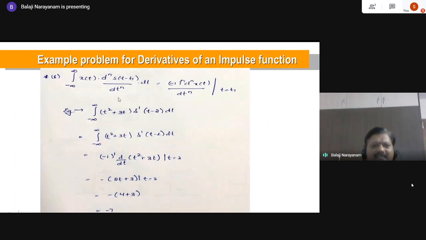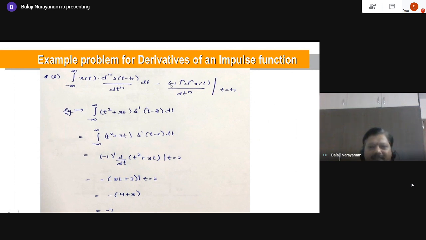Now let us rewrite the equation, nth derivative, integral minus infinity to infinity x of t d power n by dt power n, that is nth derivative of delta of t minus t1.